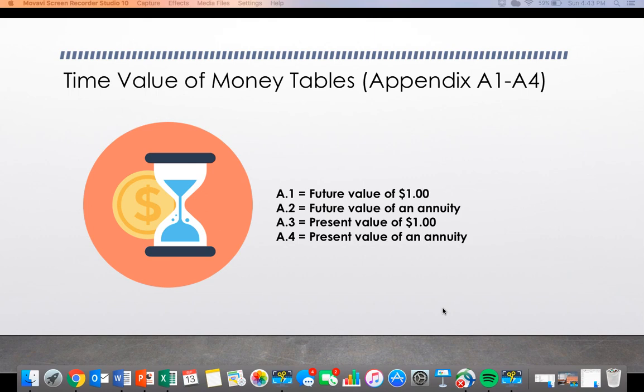So we're going to rely on these tables to help us get to the same answer ultimately, but save some time in the process. So make sure you have those tables in front of you, and I'm also going to show you some examples of how to use them through the next few video series. This first one is going to focus on A1 and A2, so the future value of a dollar and the future value of an annuity.